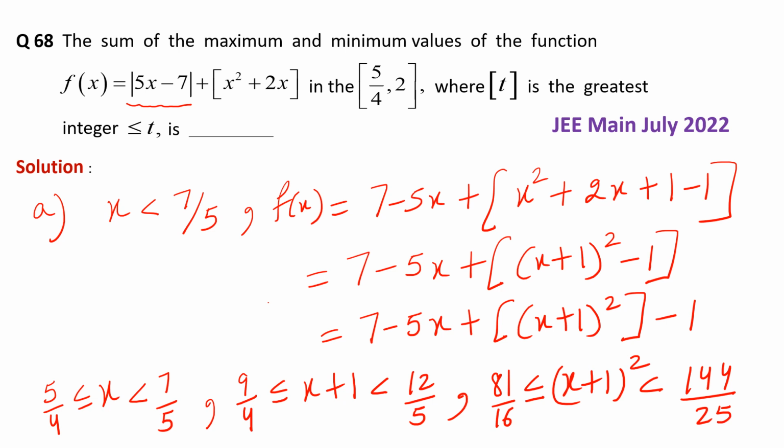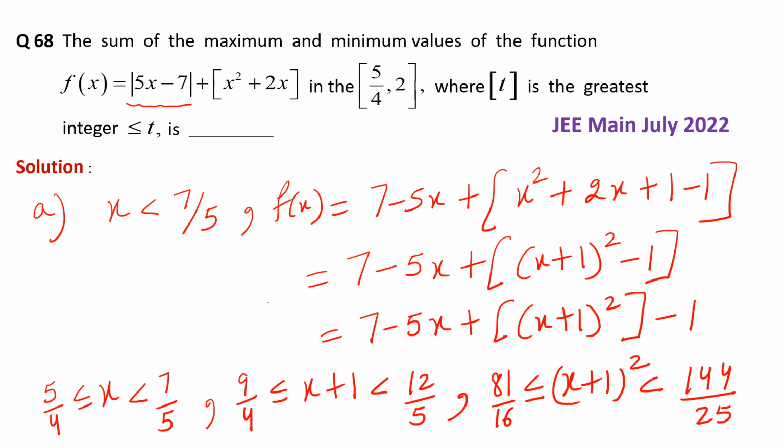Now clearly, between 81/16 and 144/25, no integer falls. Because 81/16 is 5 point something and 144/25 is again 5 point something. So clearly, the greatest integer value of (x + 1)² for this particular interval becomes equal to 5.